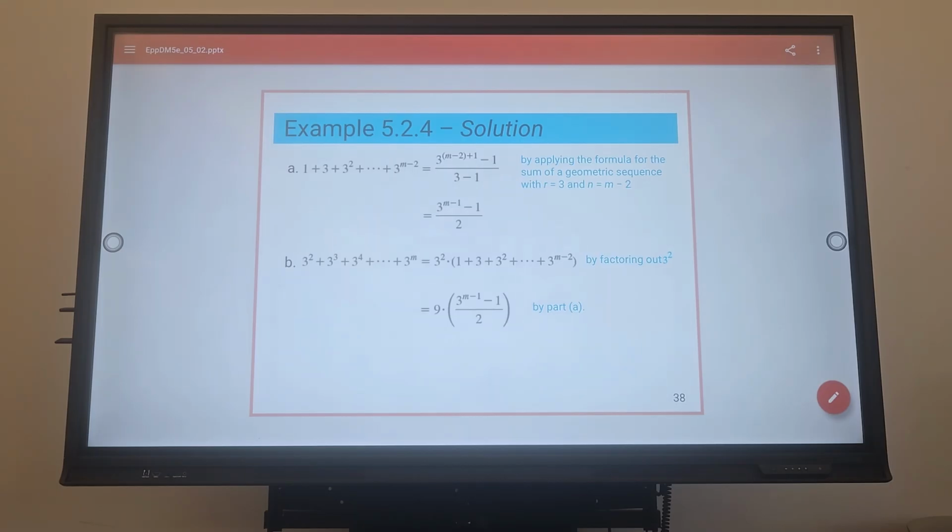And factor out 3 squared in the second one, and you get this equation here with the result from part A.